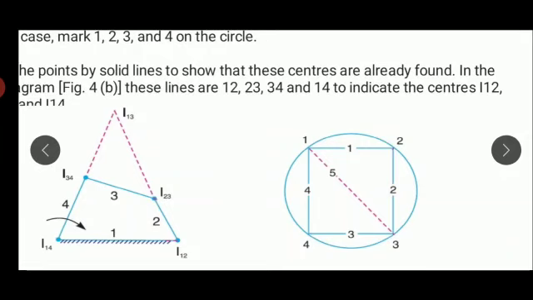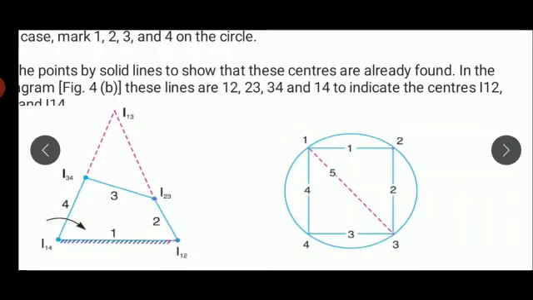I12 and I23 here, using this triangle, and using the other triangle we have I14 and I34. With respect to these instantaneous centers, project these lines, and when we project both these lines, they meet at some particular point, and at that point we get the fifth instantaneous center, which is I13. So we have now located the fifth instantaneous center.